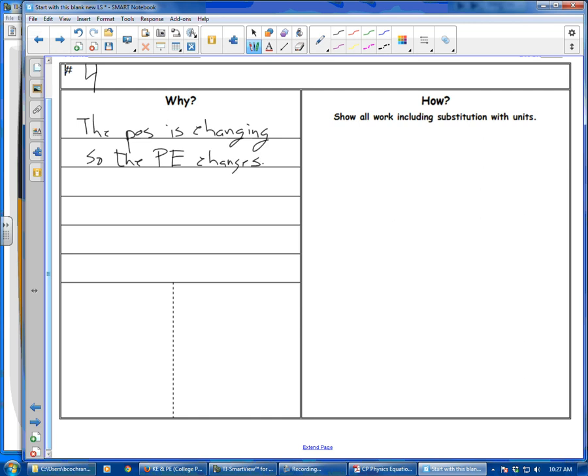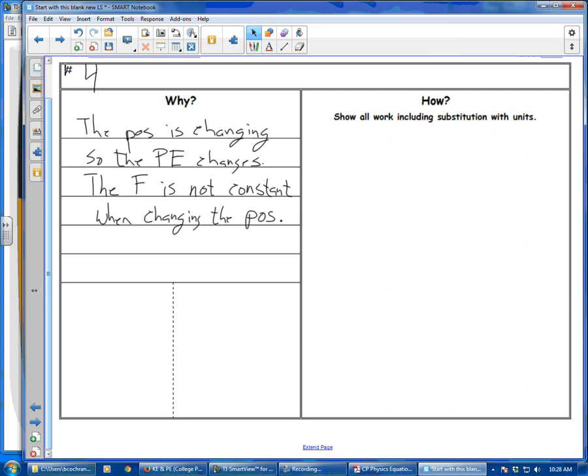The force is not constant when changing the position. So that's important to note so you don't just make the mistake saying, well, what's the force, what's the distance? You need to take into account that that force is constantly increasing linearly as you stretch it.